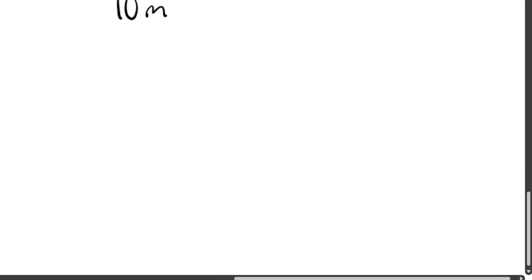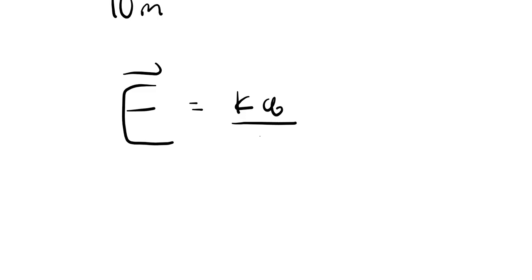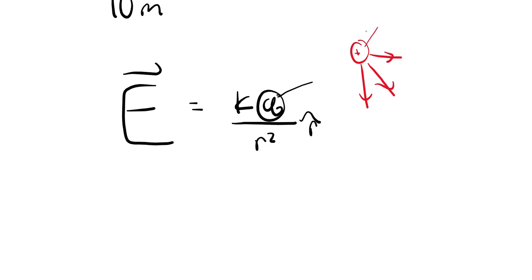Because when we look at the equation for an electric field, E is equal to kq over r squared, this is talking about Q, where Q is a point charge, right? We have a proton floating in space. It's going to emanate electric fields, field lines pointing away, positive test charge.